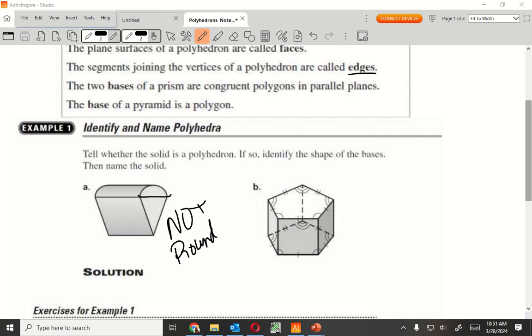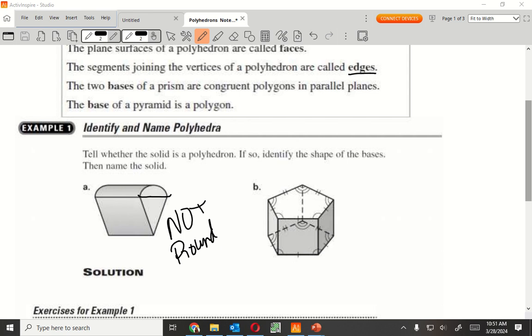Now, this next one here looks like, so what shape do we have right here? It's not a star. Okay, we identify everything by whatever the base is.